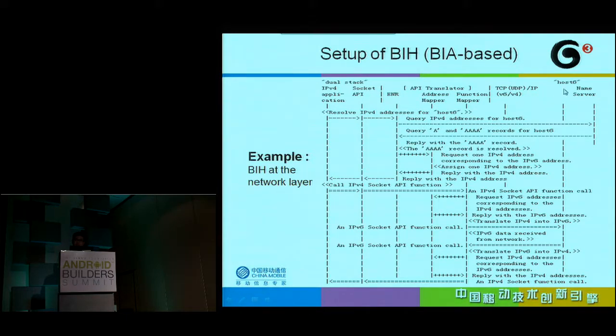But in this case, the network side is an IPv6-only network. So the BIH will translate the IPv4 address to IPv6 and connect to the IPv6 network and return. But the IPv6 network returns only the AAAA records from the host 6.